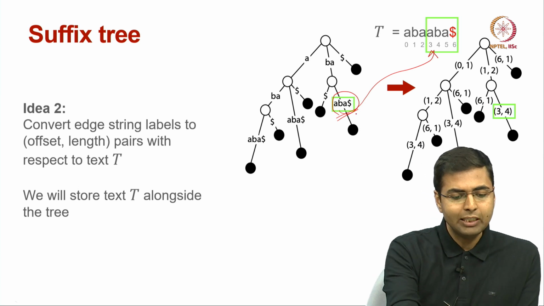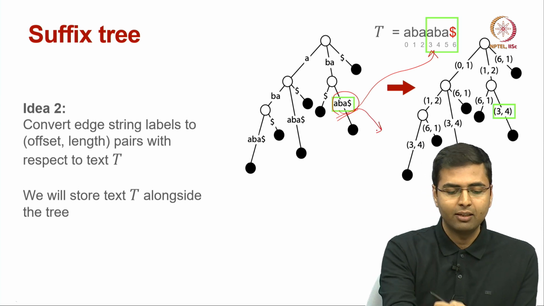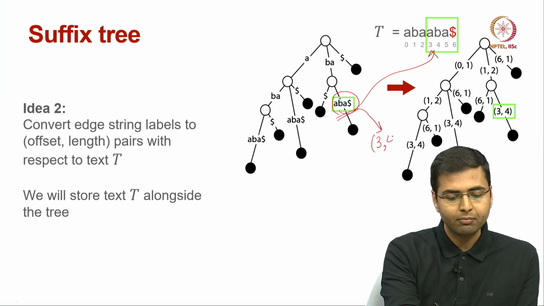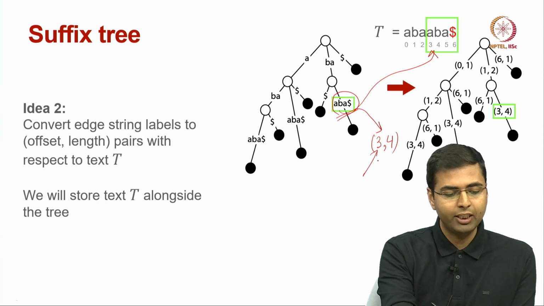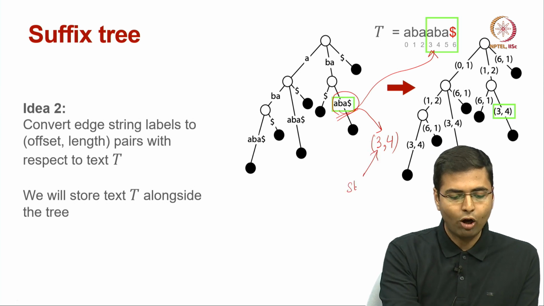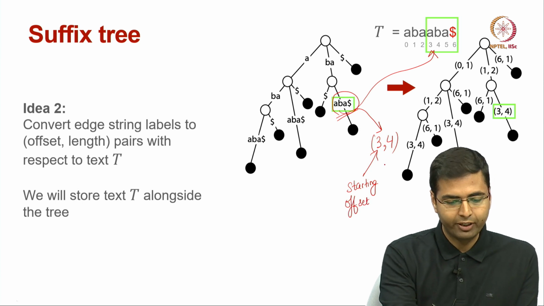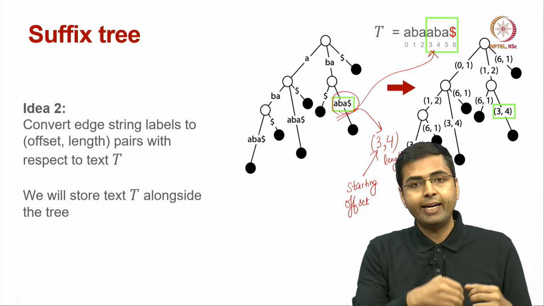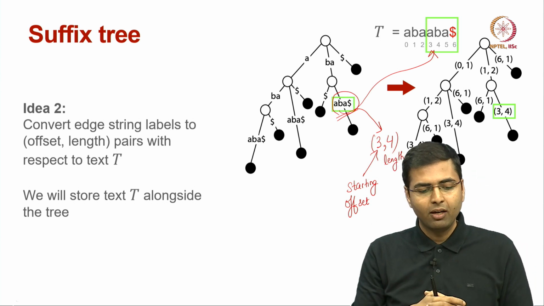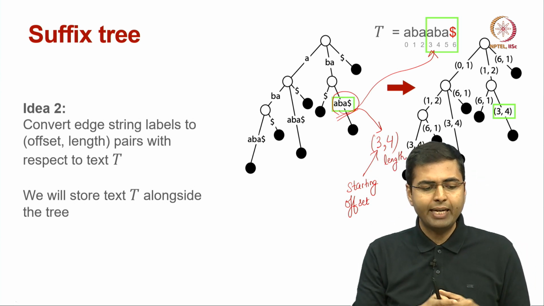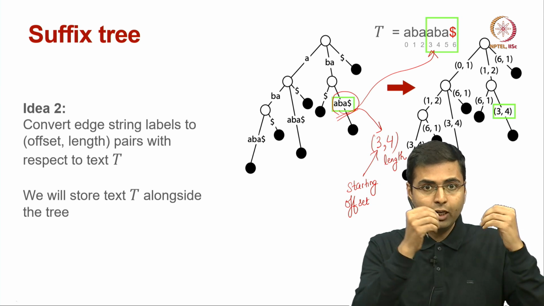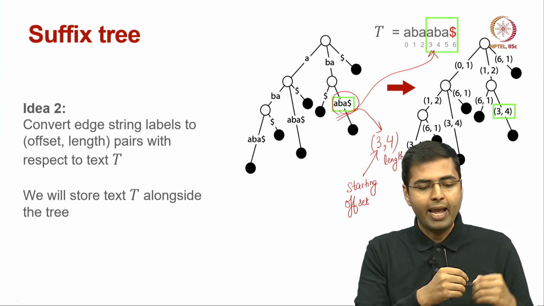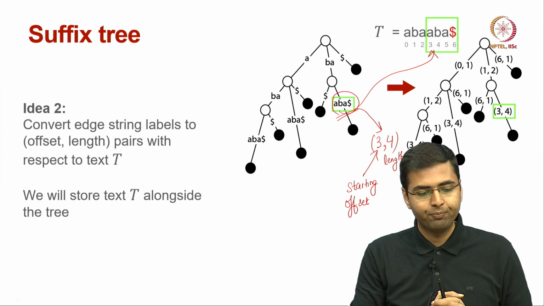So, I can equivalently store this in terms of two numbers 3, 4, that is its starting position, that is starting offset, and the length of this string. Alternatively, you can store starting and ending offset also, that is also okay, but in this example I just chose to store starting offset of the edge label and the length of the edge label.